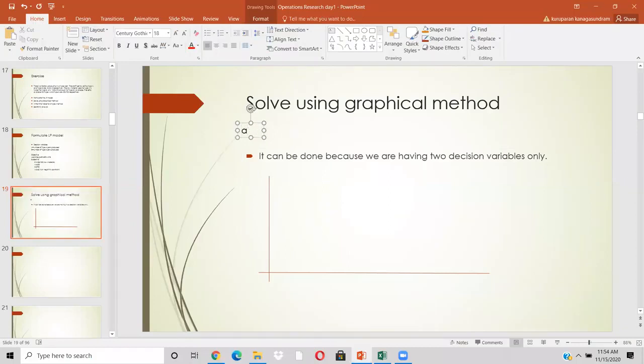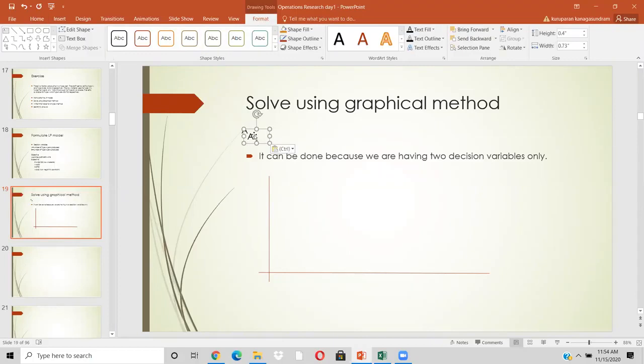A and B. B here and A here. There is nothing wrong with interchanging.